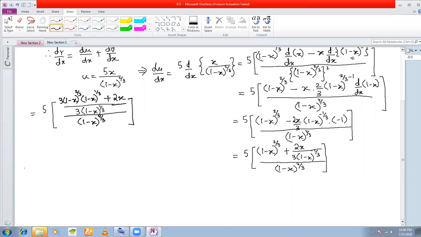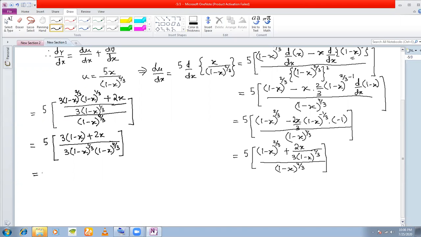So this simply becomes what? 5 times [3 into (1 minus x) to the power 1 plus 2x] whole divided by 3 into (1 minus x) to the power of 1/3 into (1 minus x) to the power of 4/3.